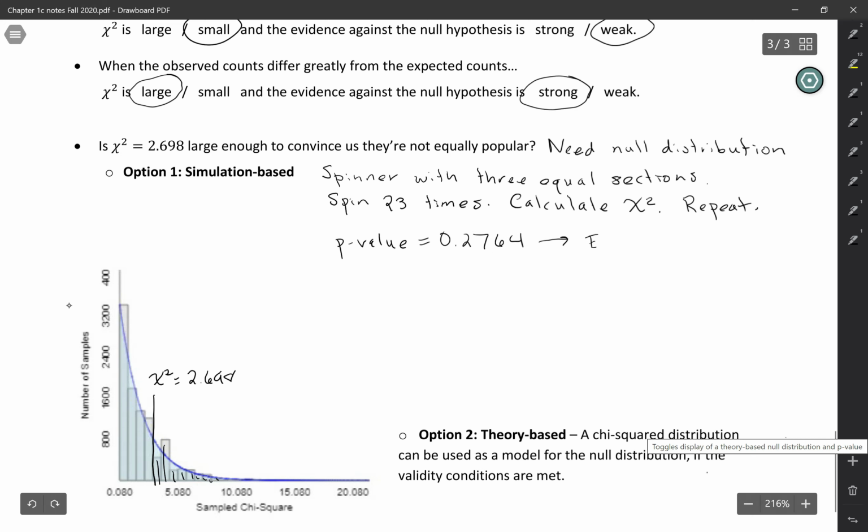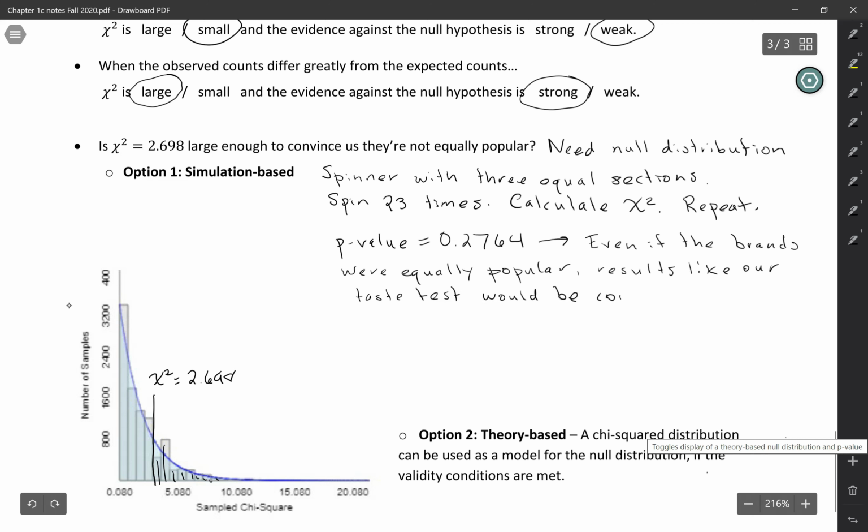So what that's telling us is that even if the brands were equally popular, right, even if the null hypothesis were actually true, results like our taste test, the real data that we saw, would be common. So if these would be common, even if the null hypothesis were true, then the null hypothesis is a reasonable explanation for our data, right? We don't really have much evidence here.